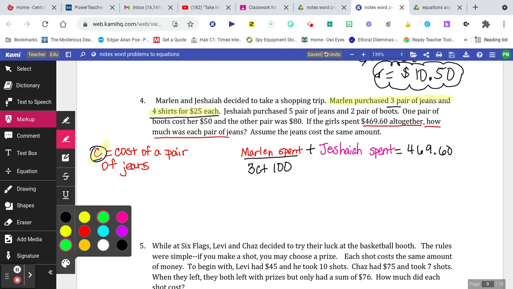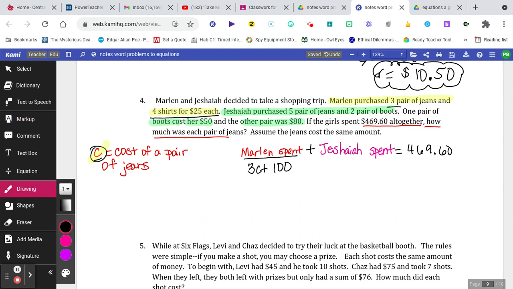Now let's go to what Josiah spent. Josiah purchased 5 pair of jeans and 2 pair of boots. One pair cost her $50 and the other pair cost her $80. So where is the C going? C represents the cost of the jeans.